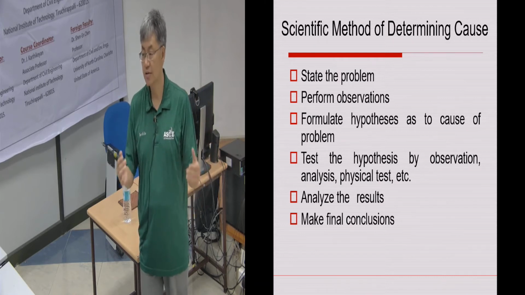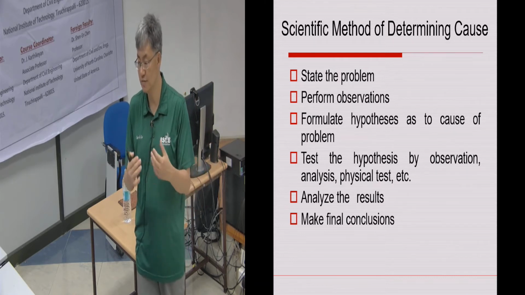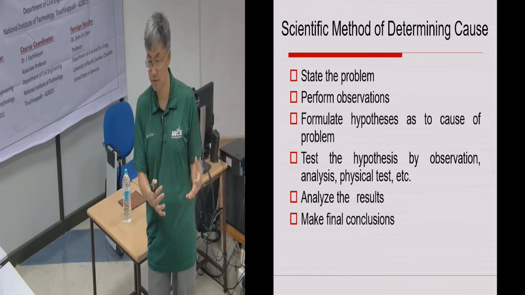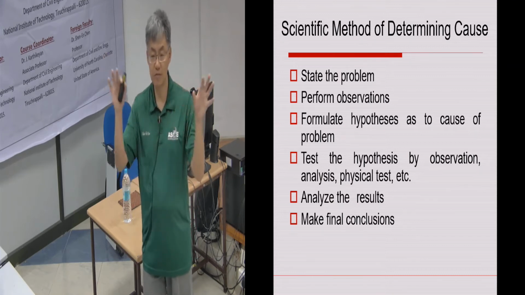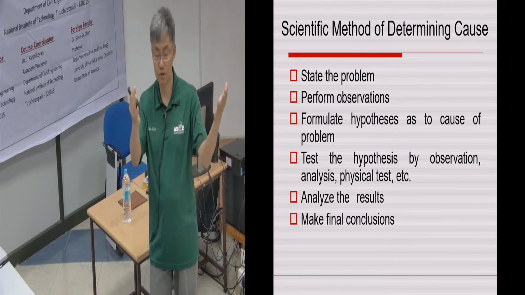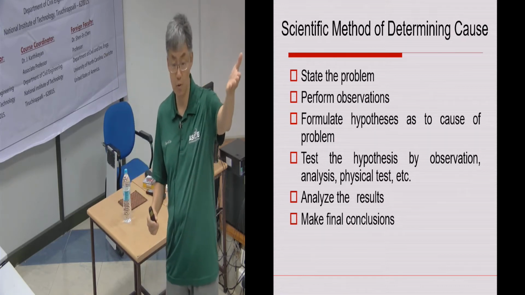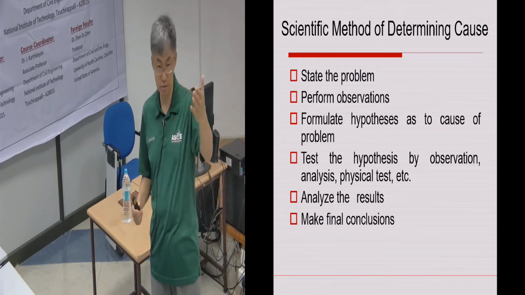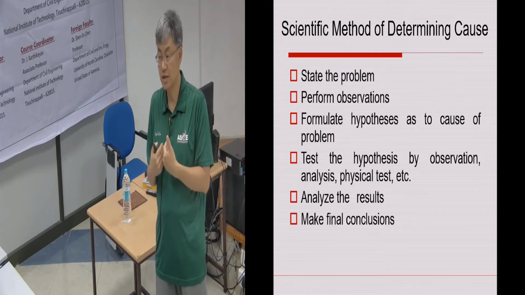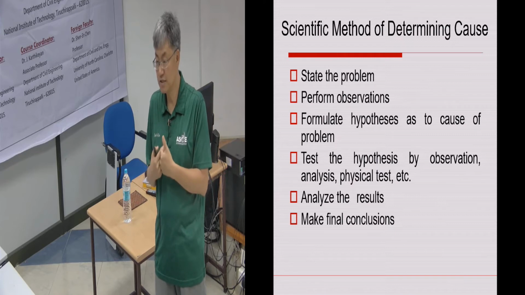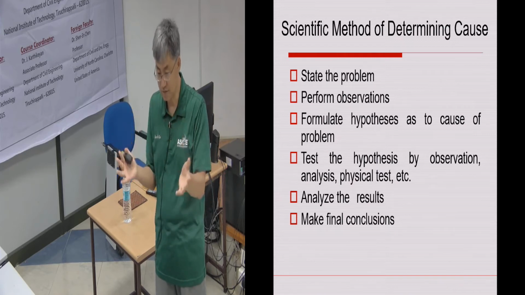Many times when a forensic investigation is involved, you may hear many different voices. Somebody will tell you the retaining wall failed. Somebody will tell you the concrete failed. But you as the investigator need to be able to quantify that problem.